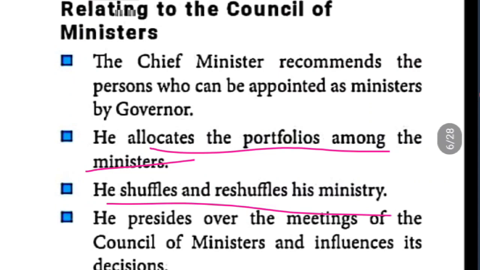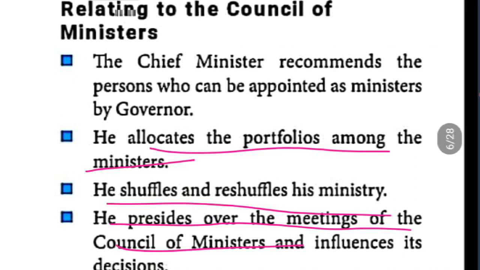That is relating to the council of ministers, what powers the chief minister has. Then the fourth one: he presides over the meetings. He can conduct the meetings of the council of ministers and influence its decisions. He can take the important decisions also. The next point: he guides and directs.